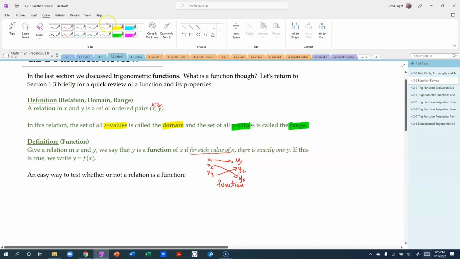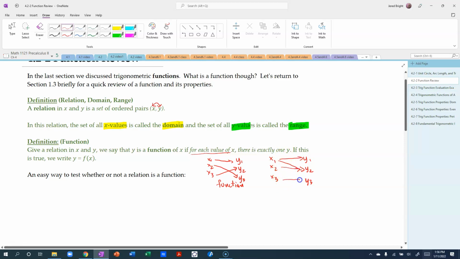Where we run into a bit of a problem is, let's say we have that same setup: three inputs and three outputs, y1, y2, y3. It says for each value of x there's exactly one y. If we have something like x1 going to two different things, we're going to run into problems.